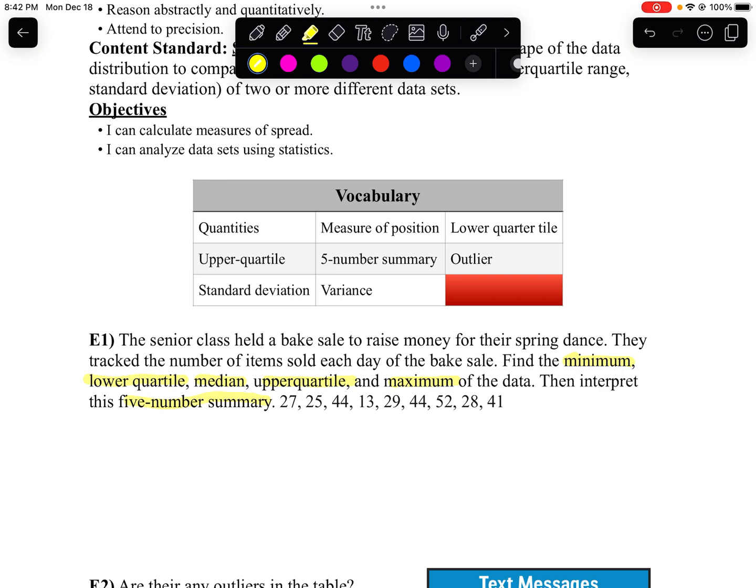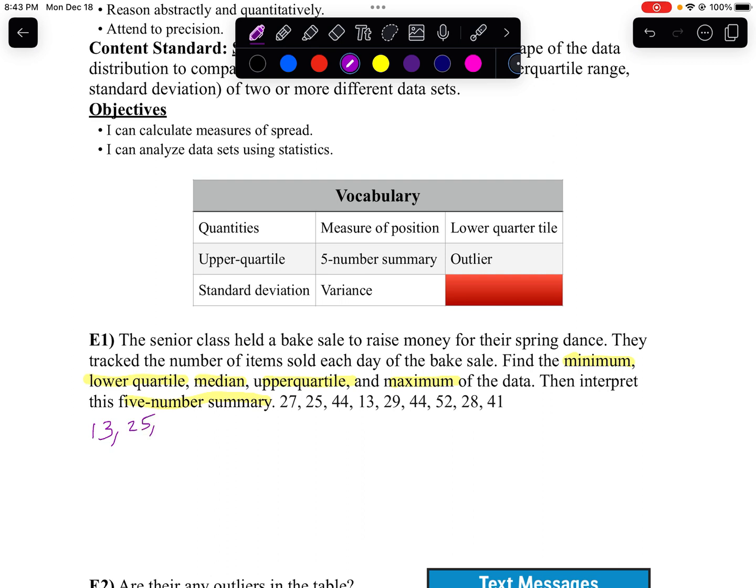Well, if you're going to do this, you want to put these in order. So let's put these in order. I look at my list. You could use your calculator that I showed in lesson 1, but my smallest number is 13. Then it goes 25.